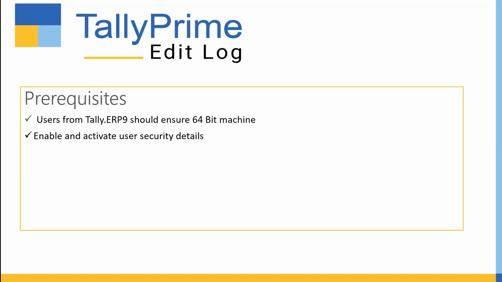Tally captures directly the usernames of whoever is migrating from the earlier version to the TallyPrime edit log. So it is important for users to activate the security control and then migrate to the TallyPrime edit log. Even if there is only one accountant, it is suggested that you provide the name of that accountant in the data and then migrate, because then it will be clear who has made the changes when they are made.